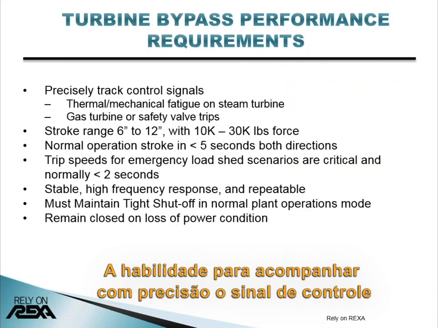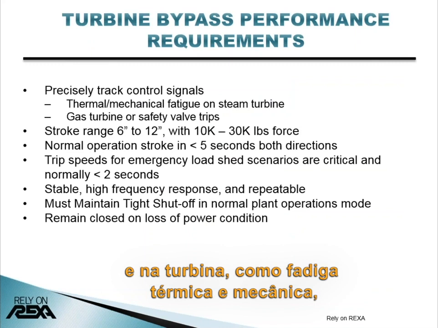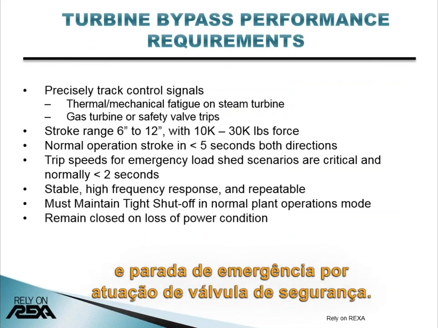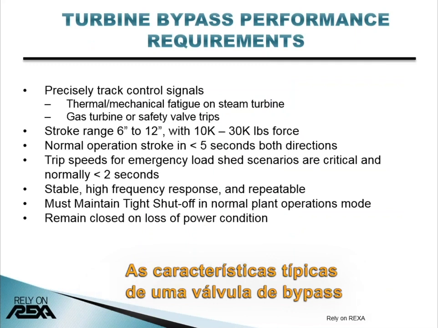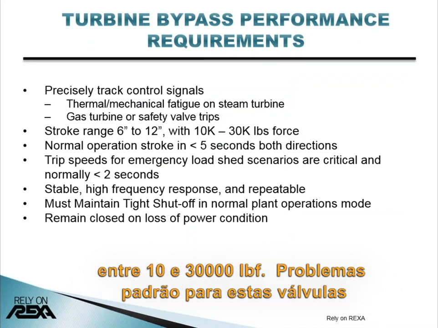The ability to precisely track control signals can prevent adverse effects on the HRSG and turbine, such as thermal and mechanical fatigue, gas turbine trips, and safety valve trips. Typical characteristics of a bypass valve are stroke ranges of 6 to 12 inches with 10 to 30,000 pounds thrust required.